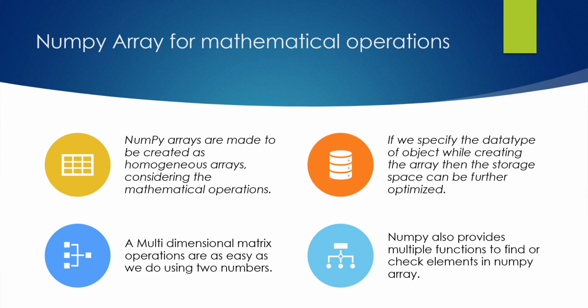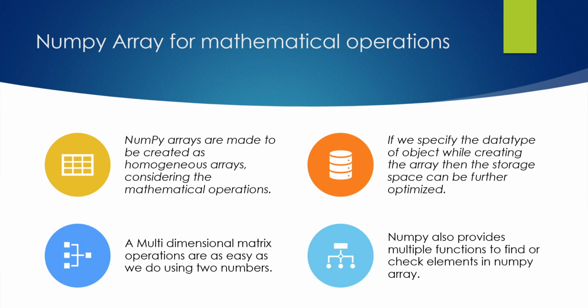NumPy arrays are homogeneous, which means that one array can only contain one type of element. If you think about mathematical operations like multiplication, division, or any other, and you do not know the data type of the elements stored inside a collection, then your collection will never be able to perform mathematical functions.